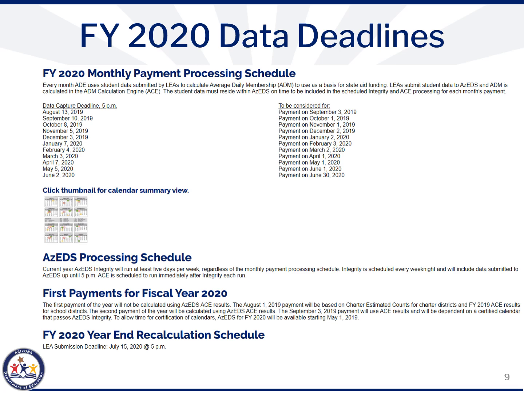You will also see at the very last line that the fiscal year 2020 year-end recalculation schedule ends on July 15th. That means that you can continue to submit AzEDS data for fiscal year 2020 up until July 15th of 2020.